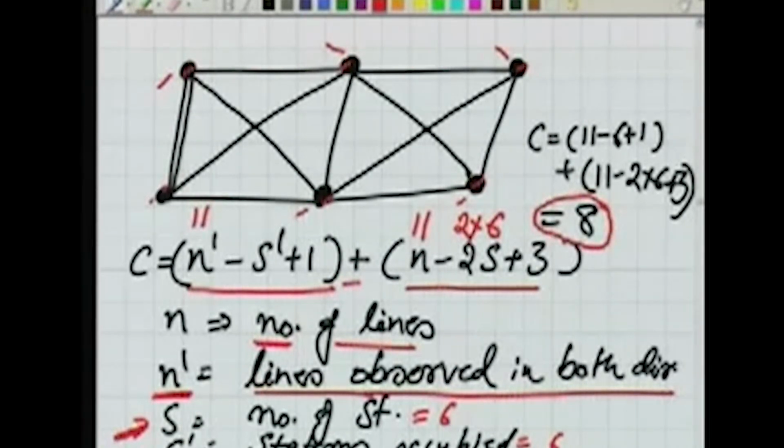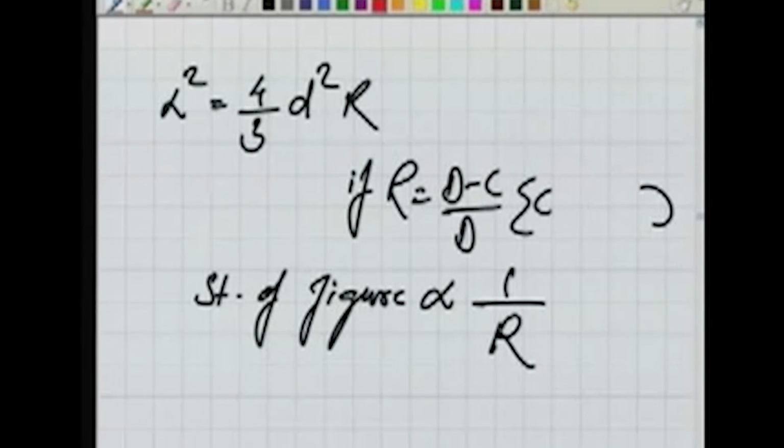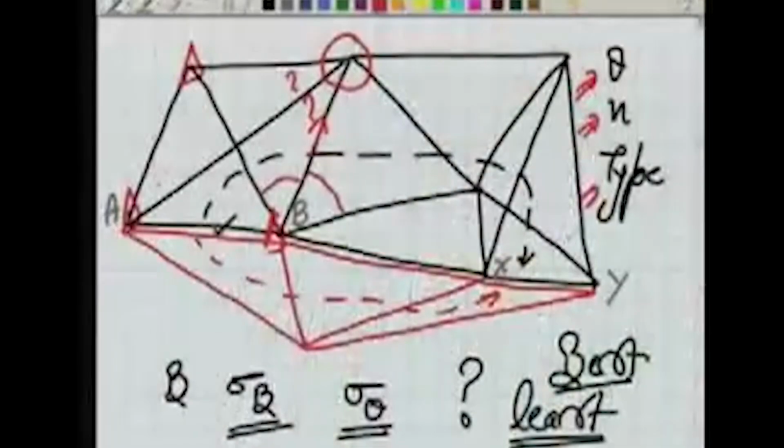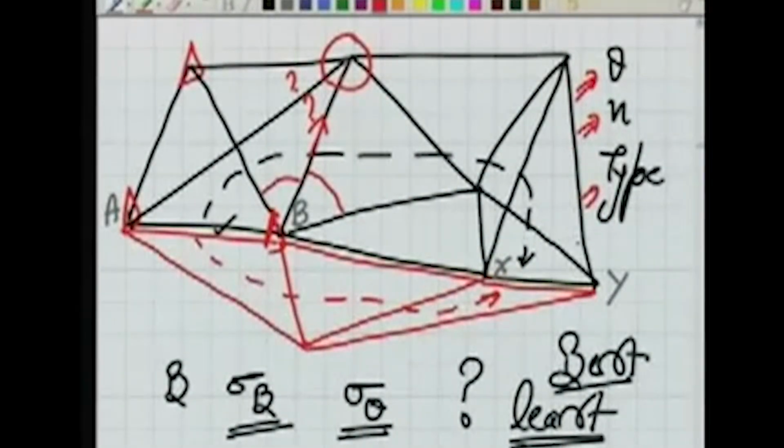So using this, we can now determine D minus C by D. This D minus C by D should be constant for a figure. Like if you are talking of the black figure here, this entire black figure, the D minus C by D will be constant for this figure.